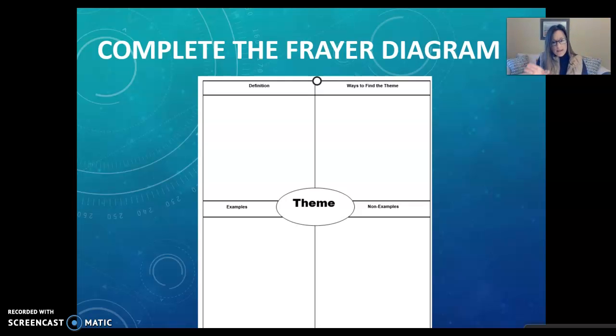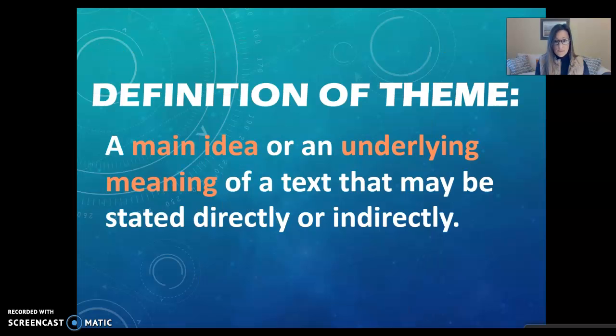We're going to write down some examples of different themes and some non-examples of themes so that we know exactly what we're looking for when we're looking for the theme of a text, okay? So you're going to pull this document up, and you can complete it while you watch this video. So you may need to pause it at certain places to write down these things, okay?